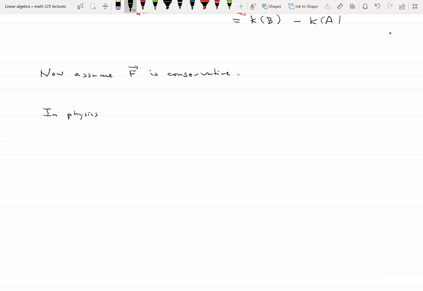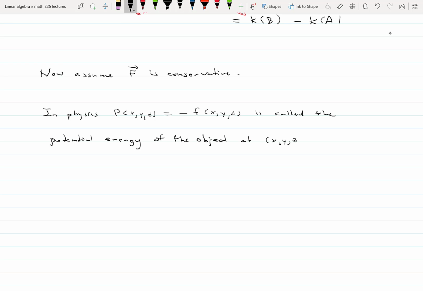In physics, P of x, y, z equals the opposite of that potential function that I found, is called the potential energy of the object, when I'm moving the refrigerator or whatever, at x, y, z.